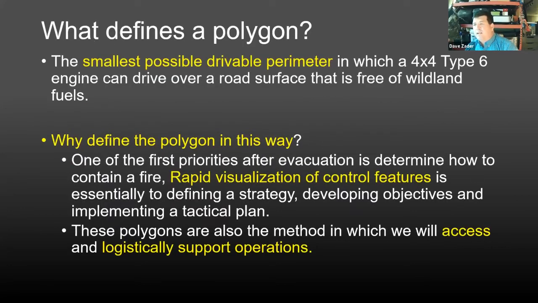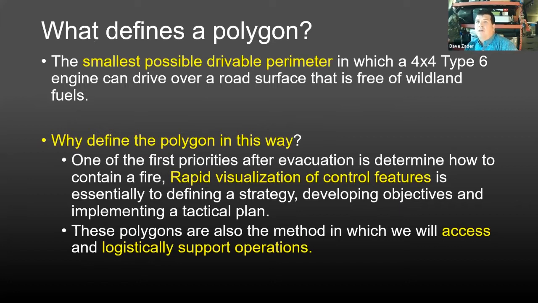So what defines the polygon? The way I've described it is it's the smallest possible drivable perimeter that you can go around with a typical wildland fire engine. And the reason for that is I need a way to rapidly visualize what my most likely big box is.